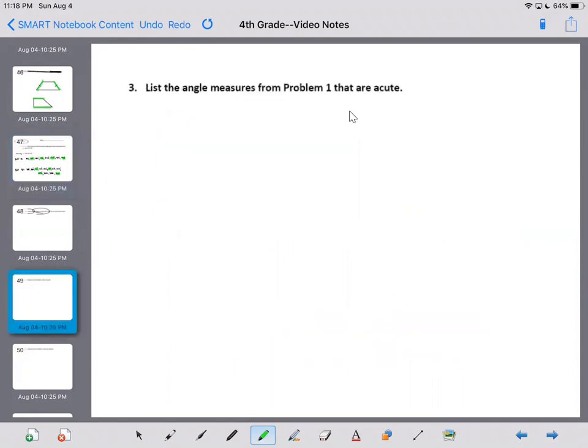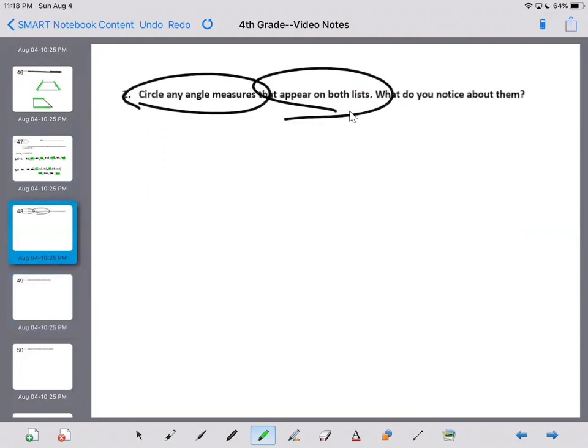And question 3 says, question 2 said circle them, but then what do you notice about them? Well, we would say that they're all quarter turns. And they're all right angles.